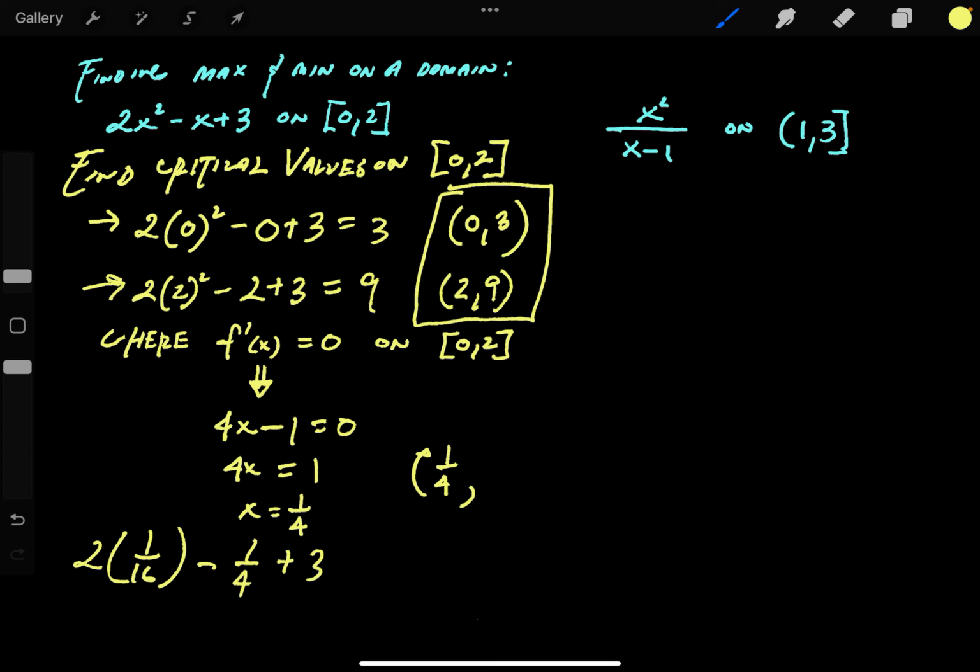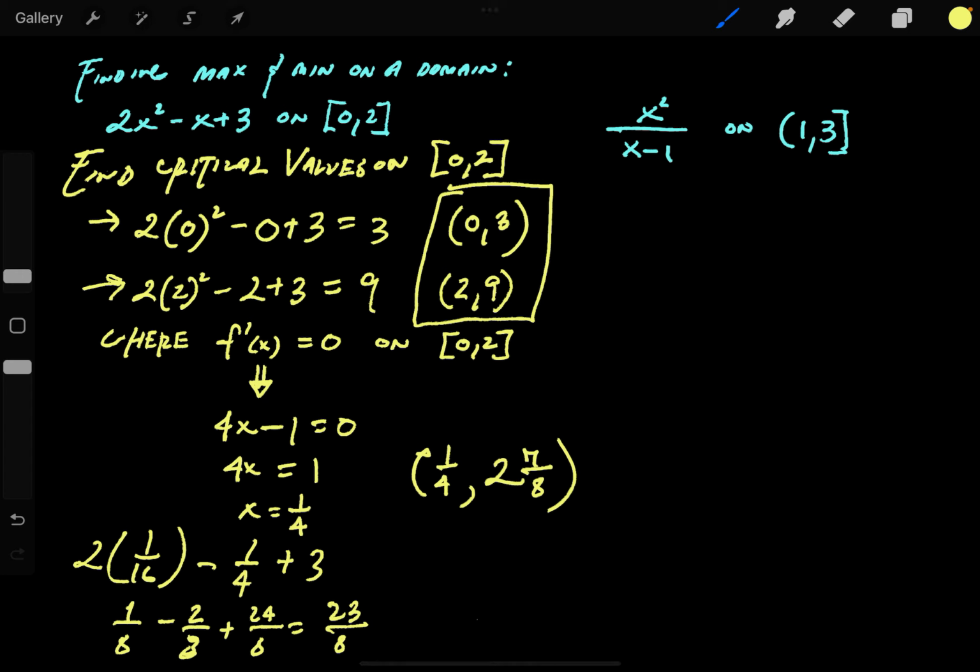This is 2/16 or 1/8 minus 2/8 plus 24/8, which is going to give me 23/8. So 23/8 is 2 and 7/8, just to compare it to (0, 3), because this might be a minimum.